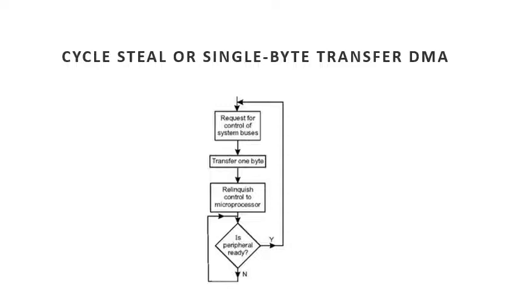Once the hold acknowledge signal is received, it gets access over the system bus and executes one DMA cycle. After this transfer, the hold signal is disabled and it enters into slave mode. The processor thus gets back its control over the address and data bus and continues executing the machine cycles.